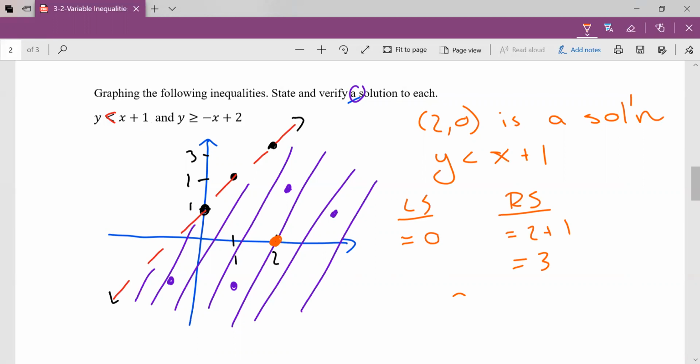Is 0 less than 3? Sure it is. So we verified it. 0 is less than 3. Again, any of these other coordinates over here are another solution. There's an infinite amount of them. Make life easier on yourself. Choose x-intercepts, or maybe I even should have chosen the origin, right?